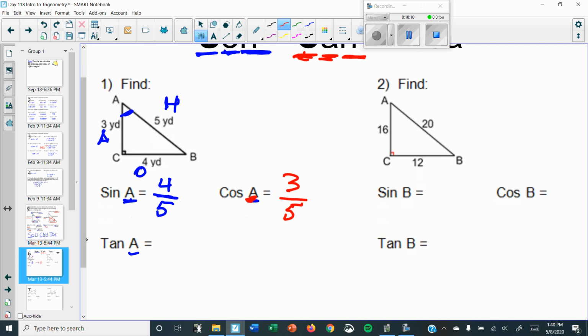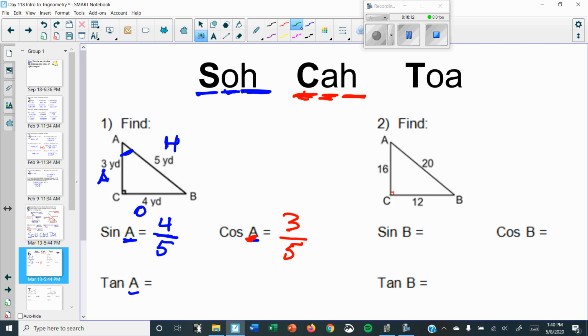And then for tangent, tangent is TOA. Tangent is opposite over adjacent. So opposite, which is 4, over the adjacent, which is 3. And my pen stopped working. There we go.